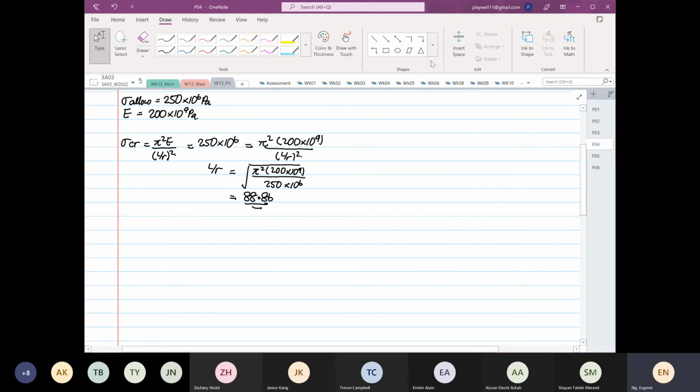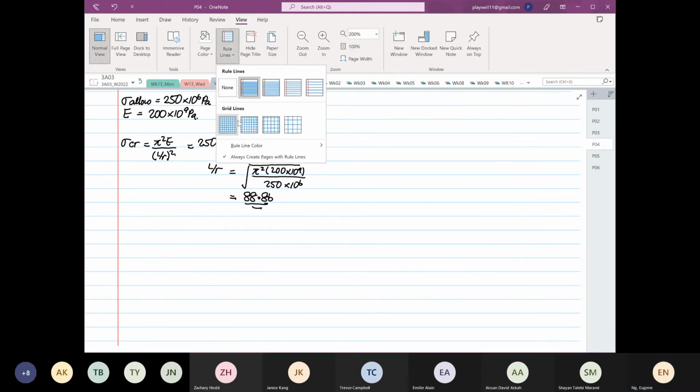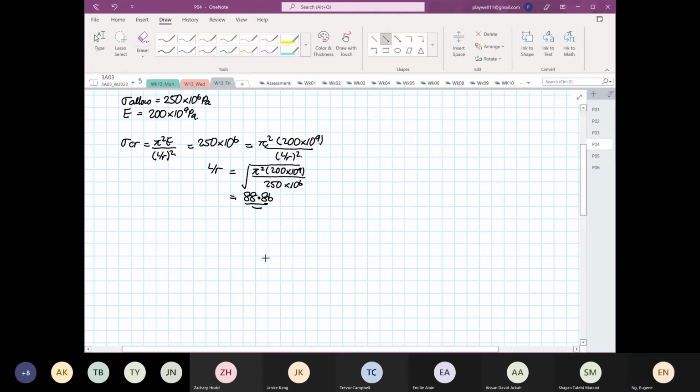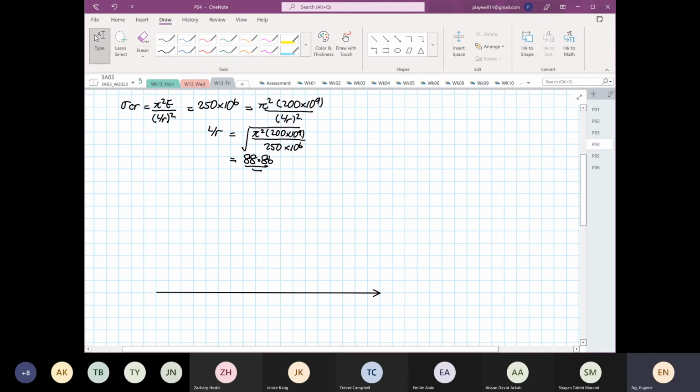Physically, I'm going to sketch a graph now. On our x-axis is our L over r ratio. We start from 0, 20, 40, 60, 80, 100, 120, 140, 160. Then our y-axis is our stress allowable.